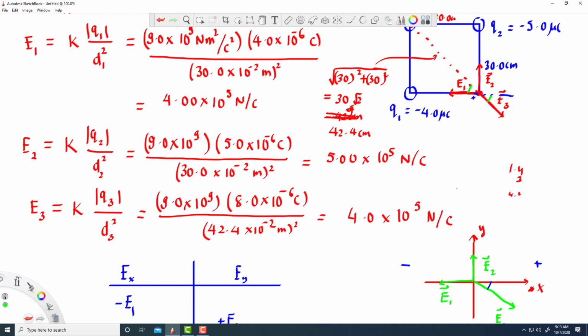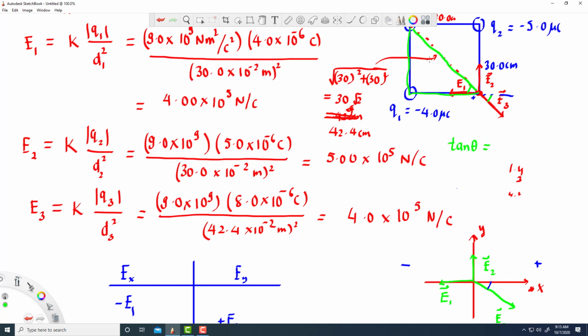If we could find this angle, then that would be that angle also. So we can use this triangle to find that angle. You can use either sine, cosine, tan, anything, because we know all the sides. So let's say tan theta.